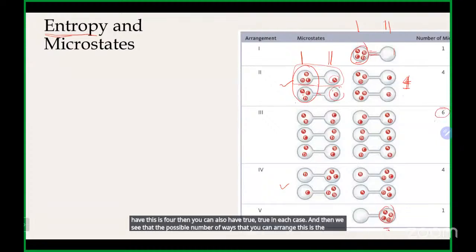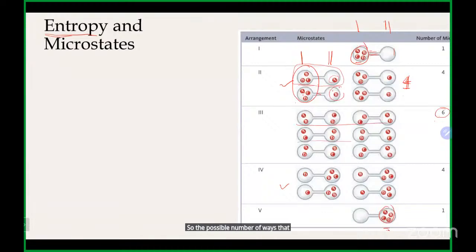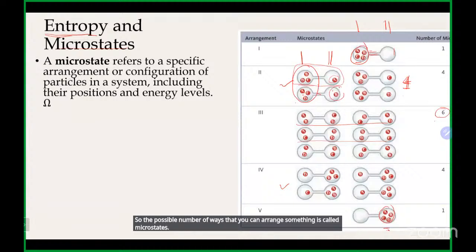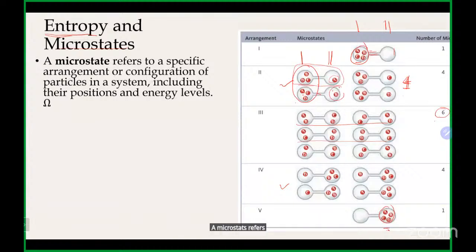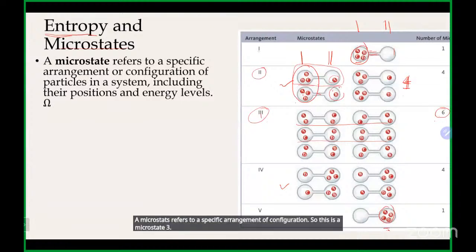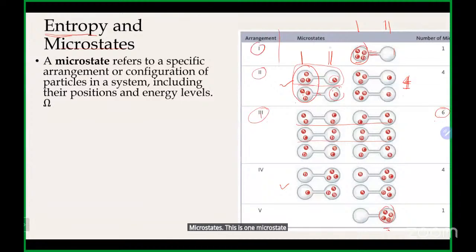The possible number of ways that you can arrange something is called microstates. A microstate refers to a specific arrangement or configuration. All these arrangements are the microstates.